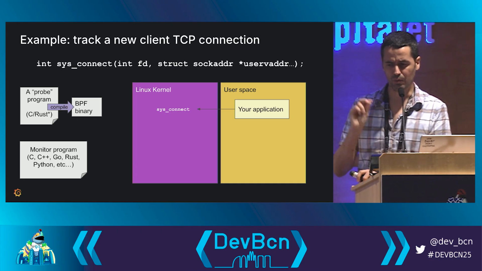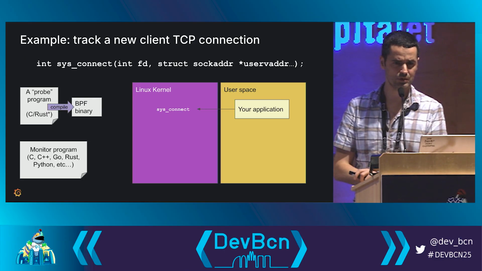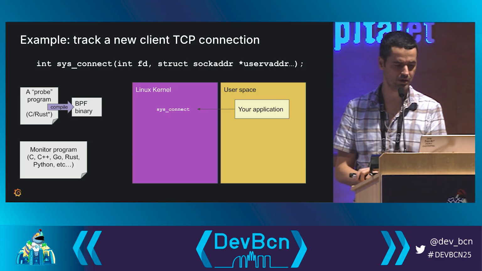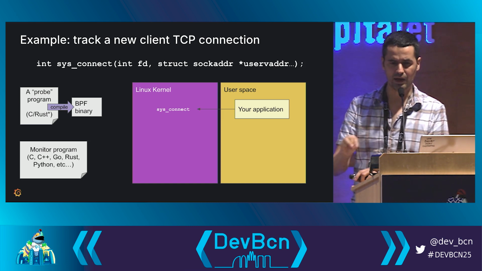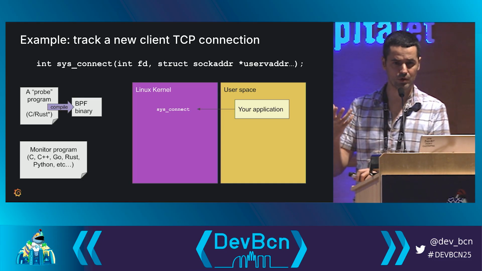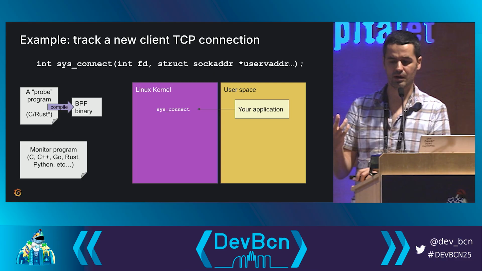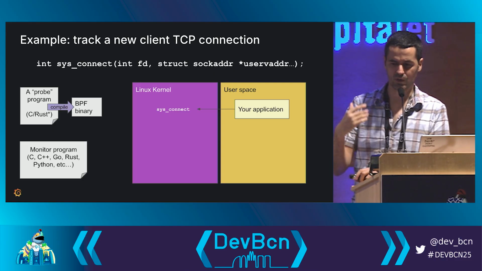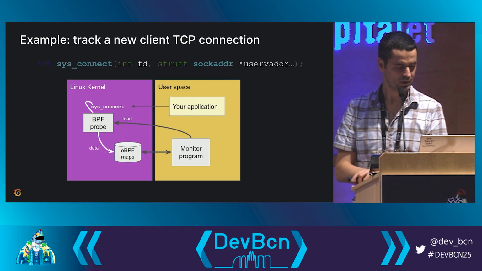One is a small program, usually written in C, but it can also be written in Rust, and compiled to this BPF binary. And on the other side, you need to create a monitor program, which is the program that will actually listen for the data provided by this probe.